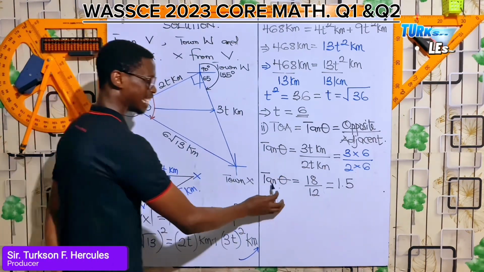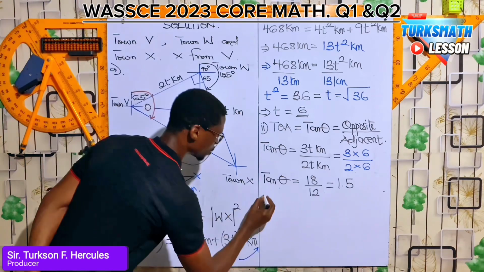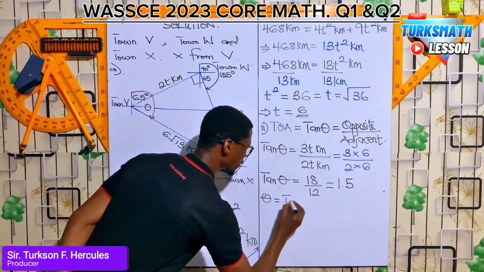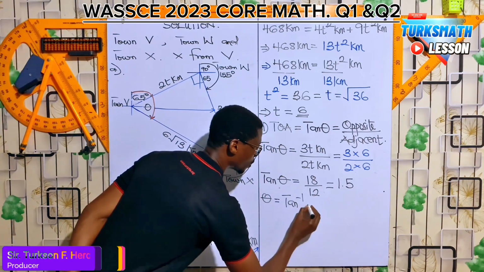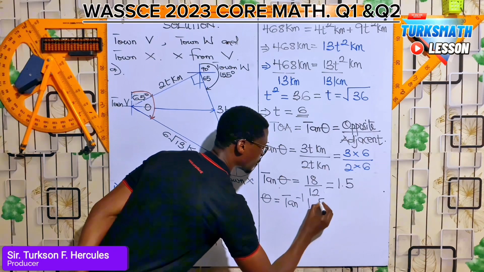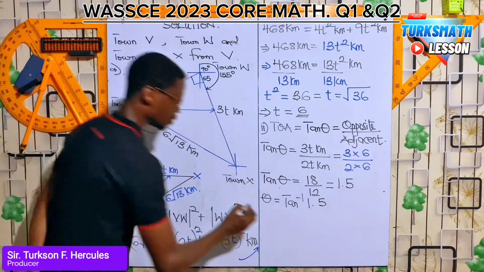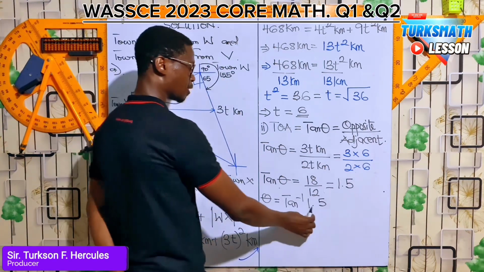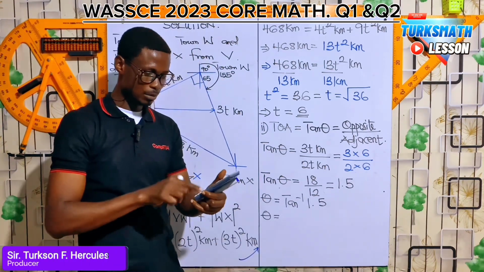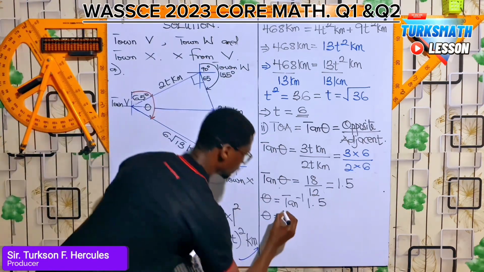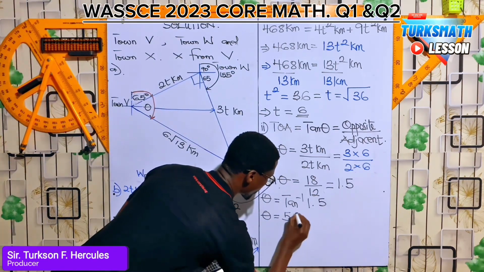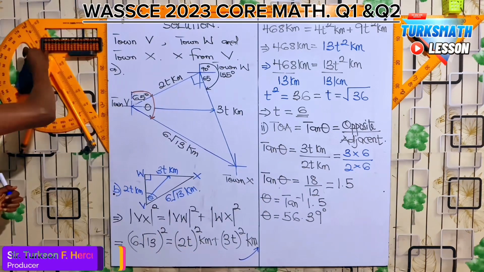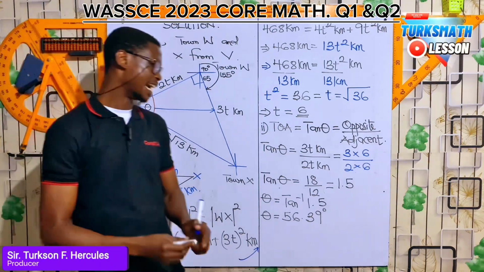So now let's find the tan inverse of this. So theta now is equal to the tan inverse of 1.5. The tan inverse of 1.5 will give us, very good, 56.39 degrees.